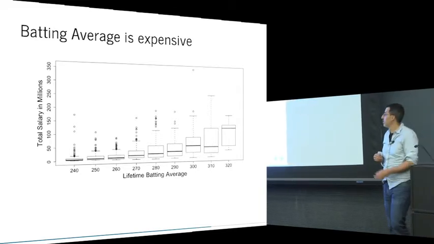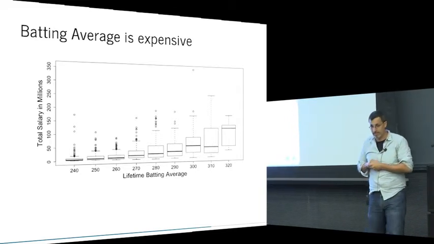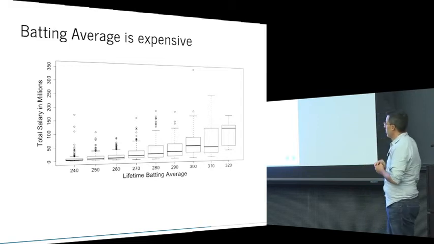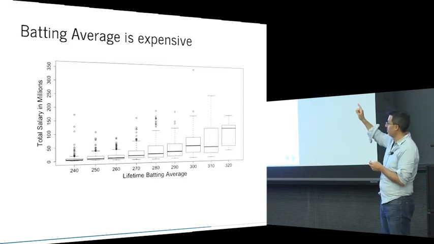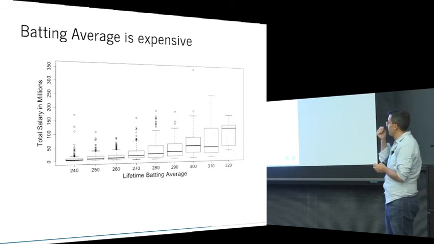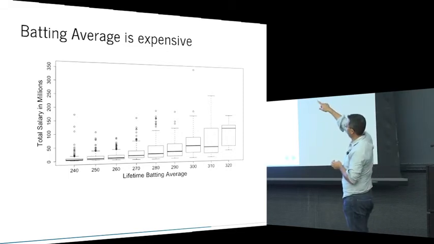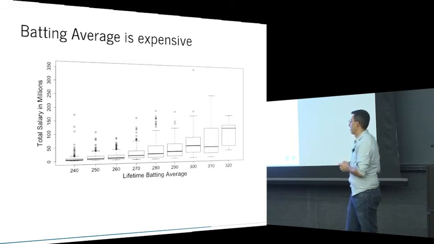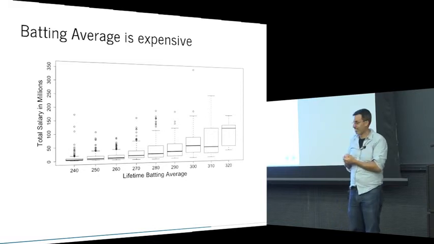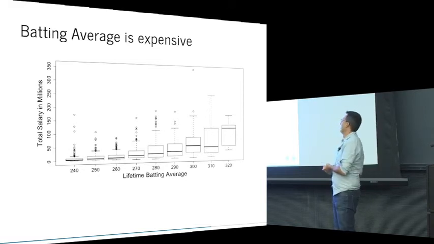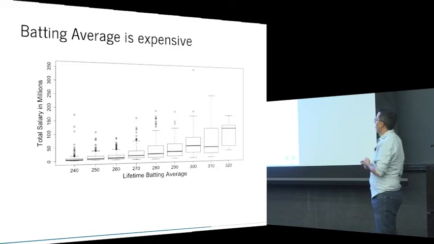But that's going to cost you. Here's a plot of lifetime batting averages against lifetime earnings in millions. I wonder who that is up there. Anybody know who it is? No, not Barry Bonds. It's A-Rod. A-Rod's the big money maker.